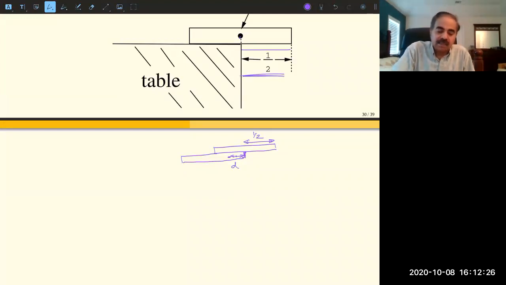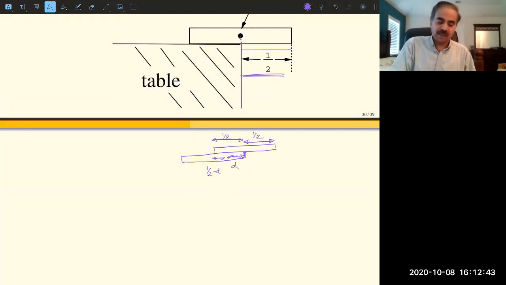So let's say that the combined center of gravity is at a point D, and that is half minus D, because this whole thing is half.